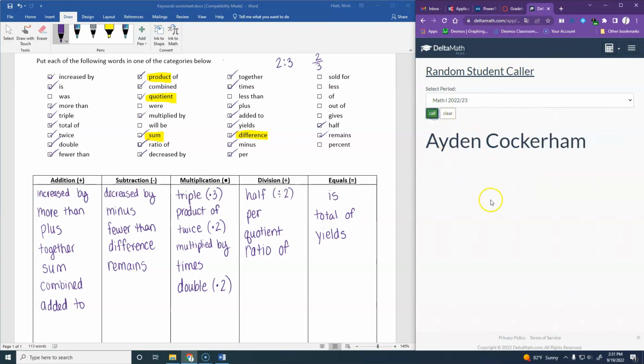Sven is not here. Aiden? Will be is equals.